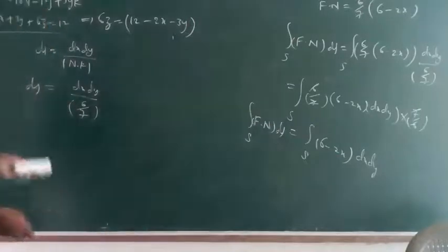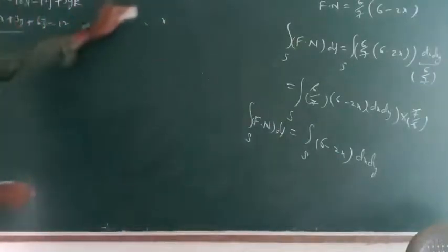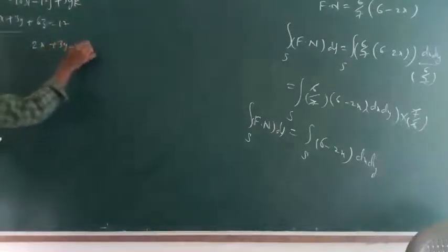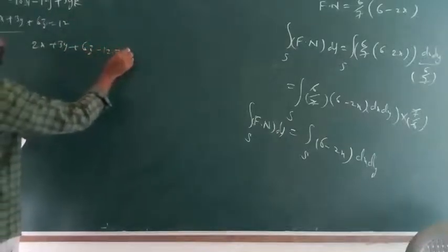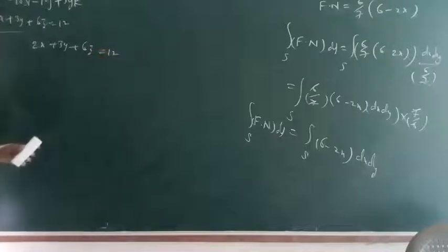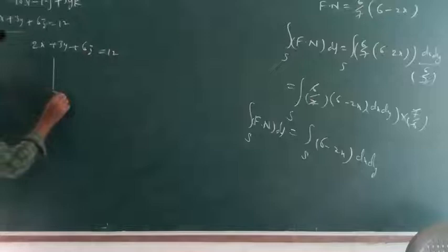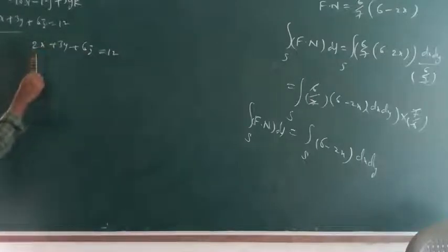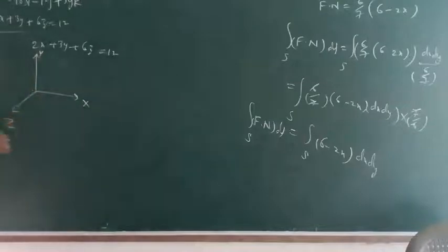So limits are important. First, what is the given plane? 2x plus 3y plus 6z is equal to 12. This is a plane, and you can draw it in 3 dimensions with the x-axis, y-axis, z-axis.